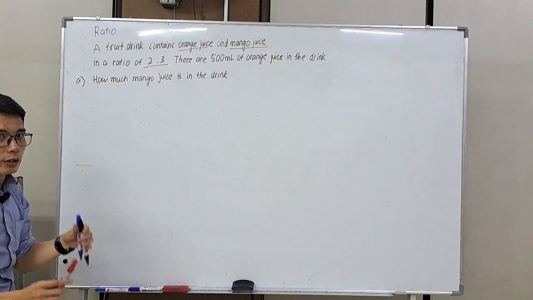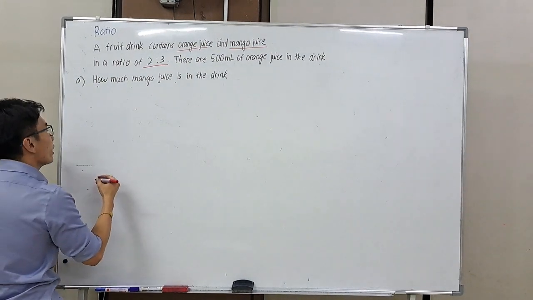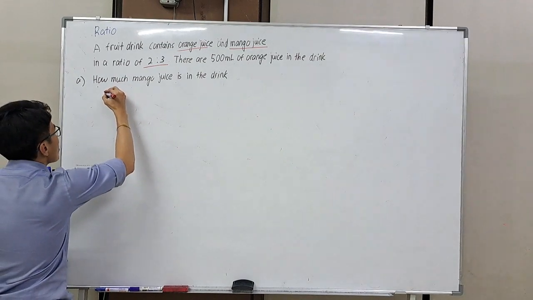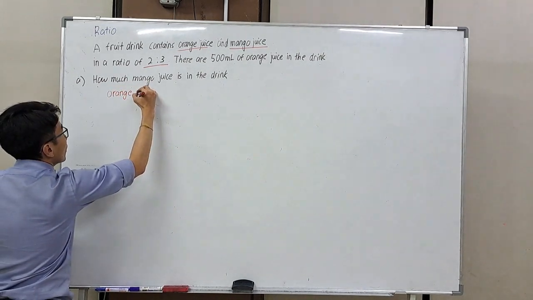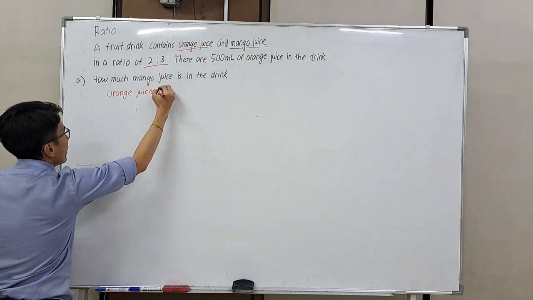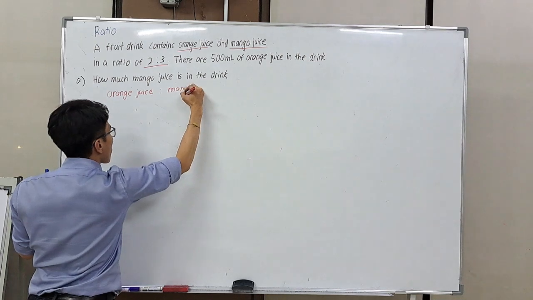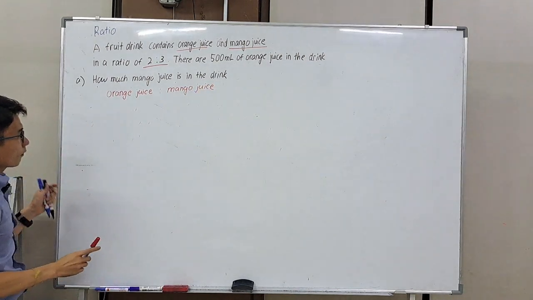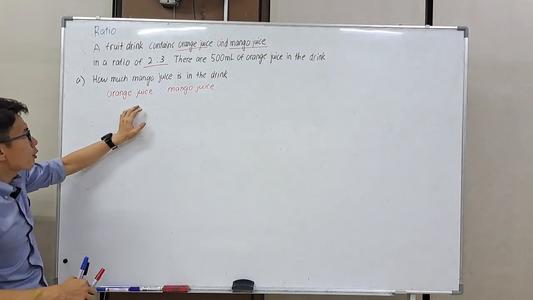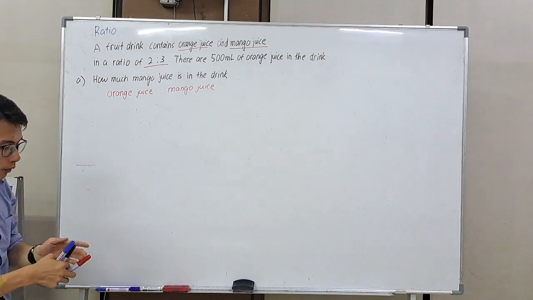I'm going to write this down in my table first. So based on this information, I have my orange juice, and I have my mango juice. And the ratio of orange to mango juice in that drink is 2 to 3.